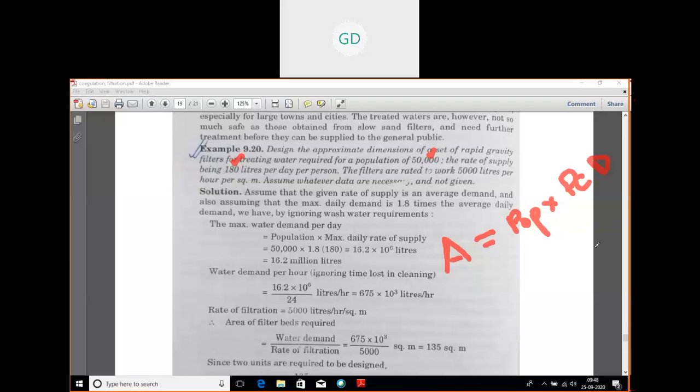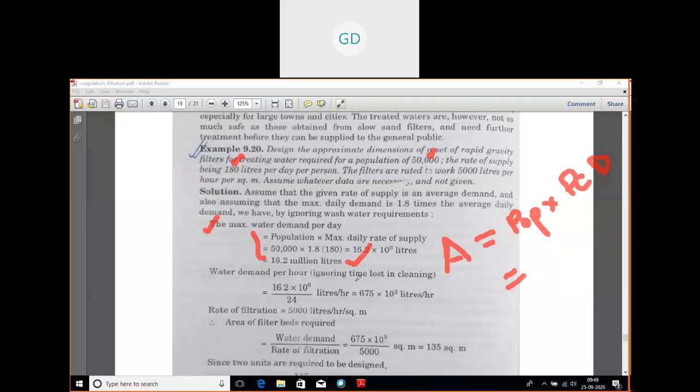First you multiply, and whatever answer you get, if you multiply it by 1.8, then you will get the maximum water demand. They have done it combinedly, so same thing. They are just utilizing their time. You can also utilize it like that. You can do it in a one step procedure, then you will directly get the maximum water demand.